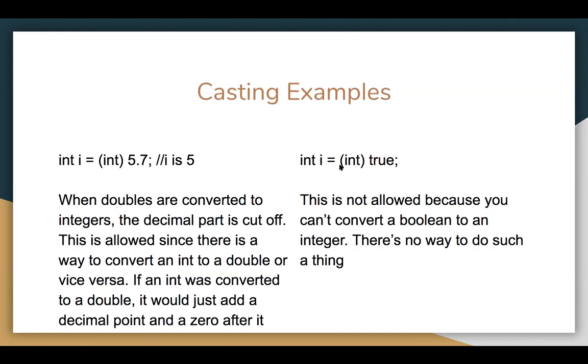So this is one example of what you can't do, but there's also other types such as casting an integer to a string. That also doesn't work. If you wanted to do that, you wouldn't really cast. You would just add empty quotes to it, and that's how you would turn it into a string, but you wouldn't cast to a string.